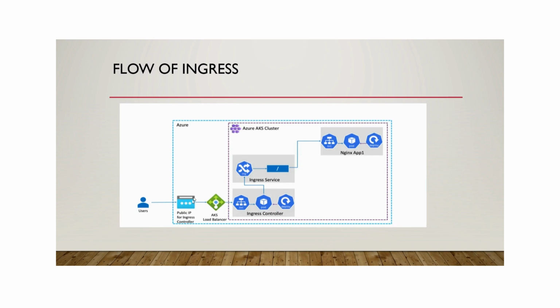Through the pod it will go to the Ingress service, where all the routing rules and other things are mentioned. Through the Ingress service it will go to your destined pod. So that is the basic overview of the flow of Ingress.